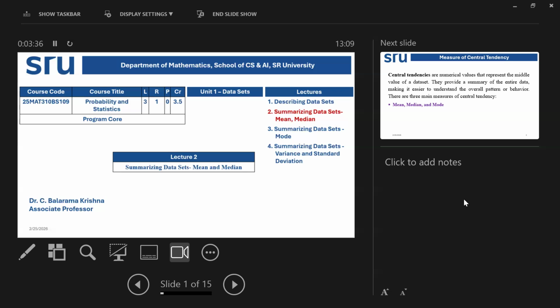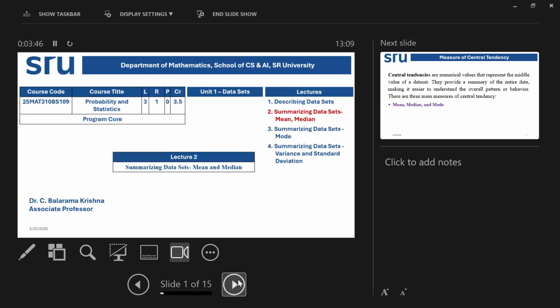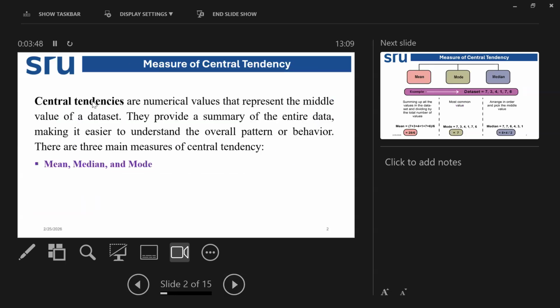So if you look here, the averaging methods are always, when we have data and we try to calculate, ultimately you will get some numerical value.